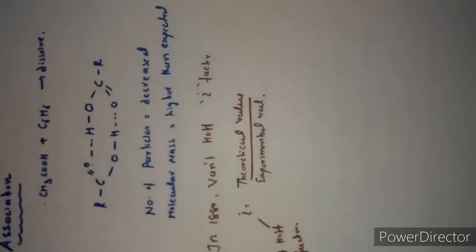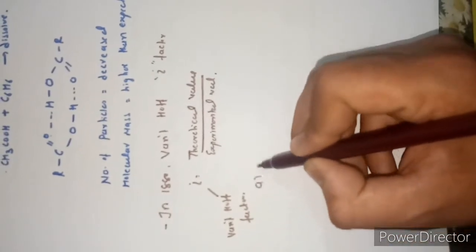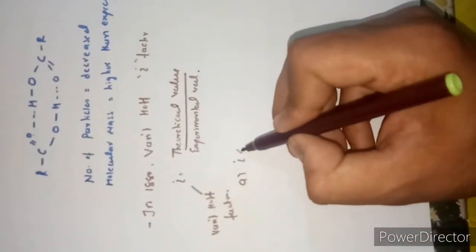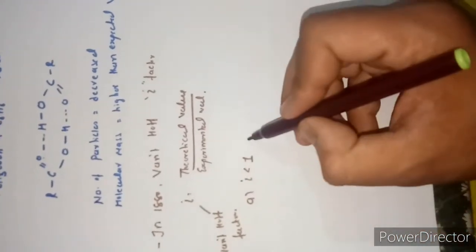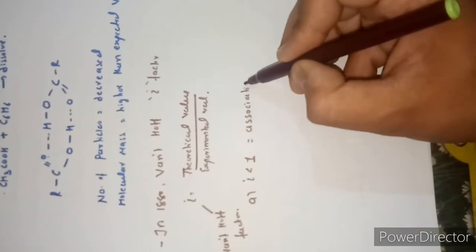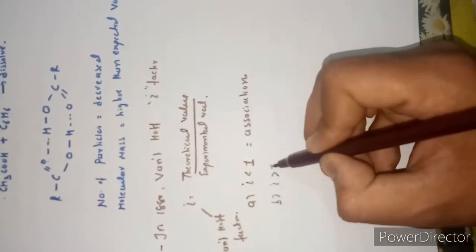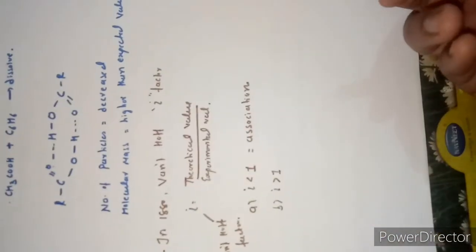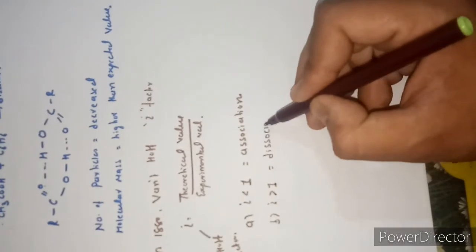Now what is the i over here? Suppose the value of i is less than 1 or unity, we say association. Or if i is greater than 1, when i has more than 1 value, we say it's dissociation.